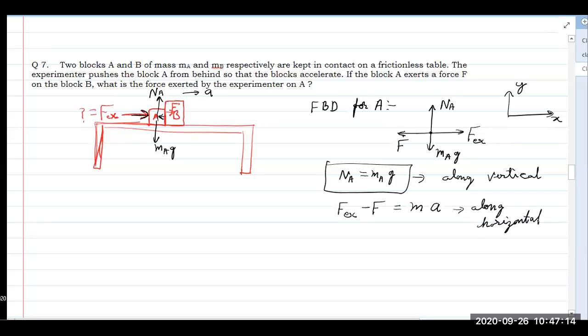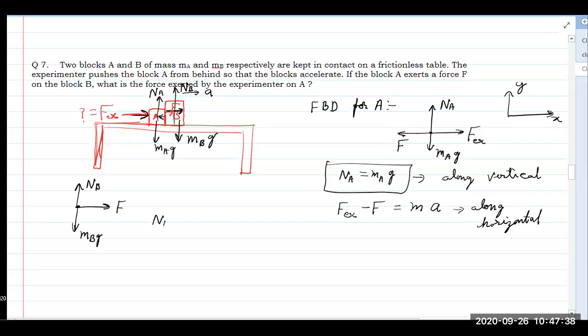Now the same thing we are going to do for object B. For object B, we have a force F, a normal NB and a downward weight MBG. So the free body diagram will be F, normal NB and downward MBG.